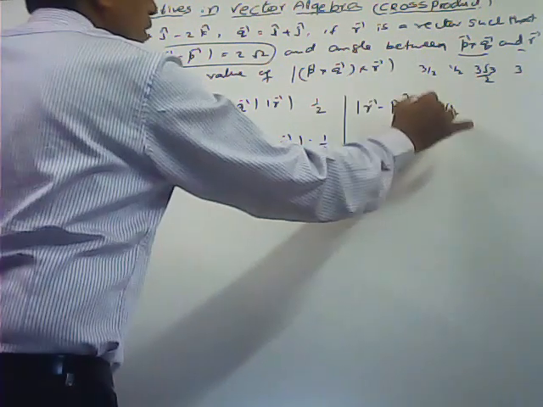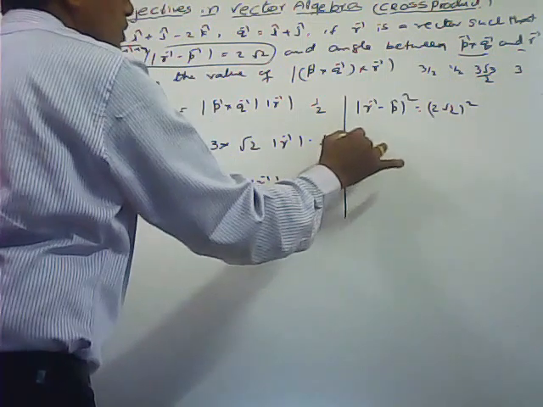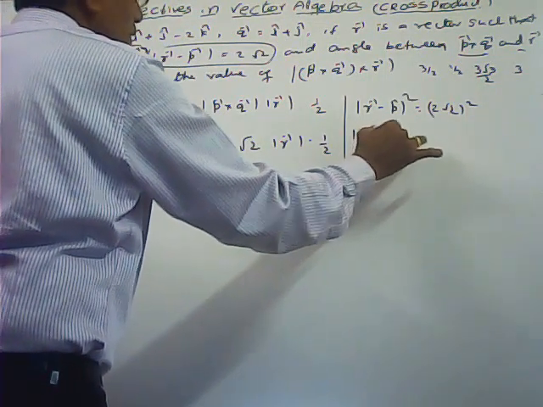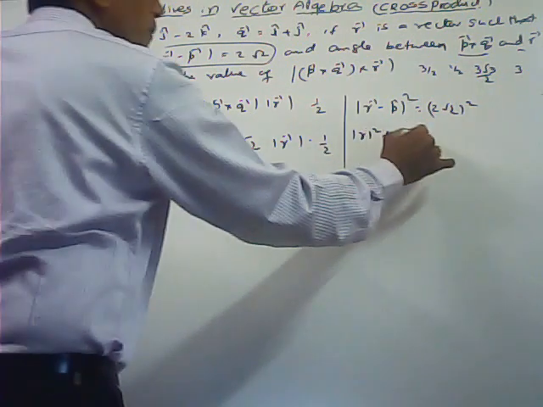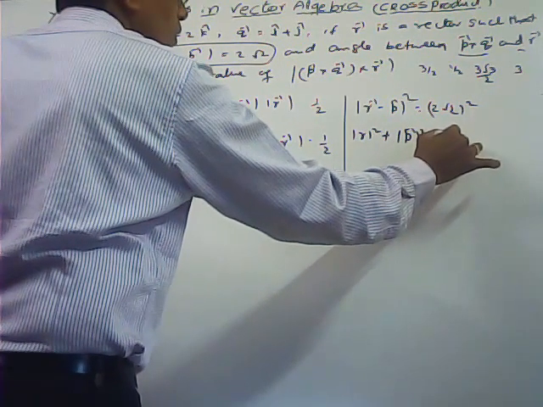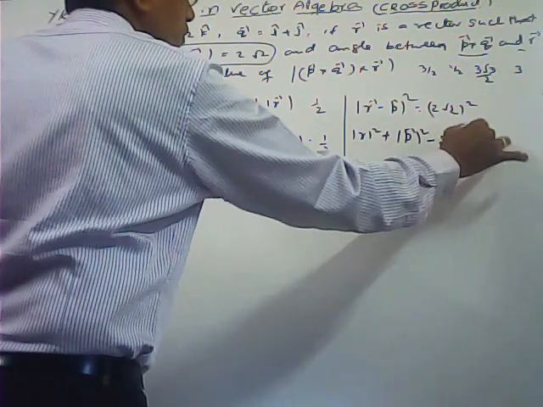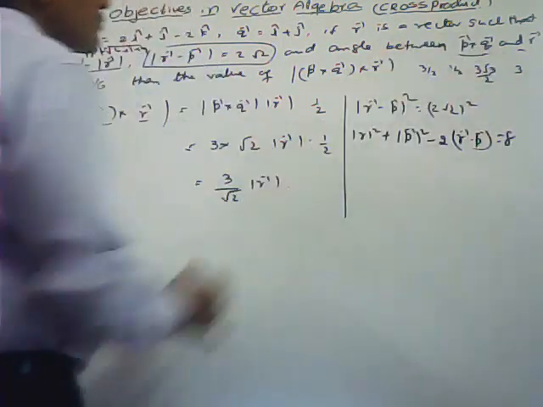If I square both sides, modulus of r bar square plus modulus of p bar square minus 2 into r bar dot p bar is equal to 8.